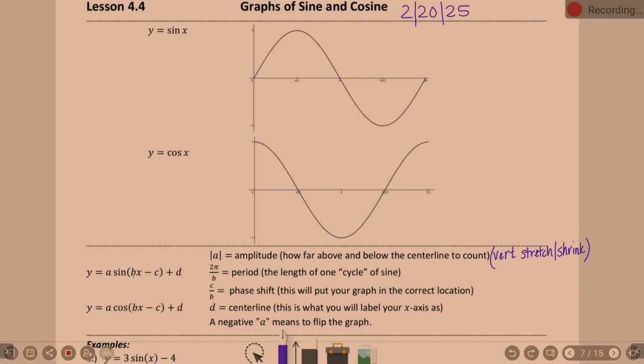It could be longer. It could be shorter. This is essentially your horizontal stretch or shrink, because it's going to change how long it takes me to draw a cycle of sine. Okay?